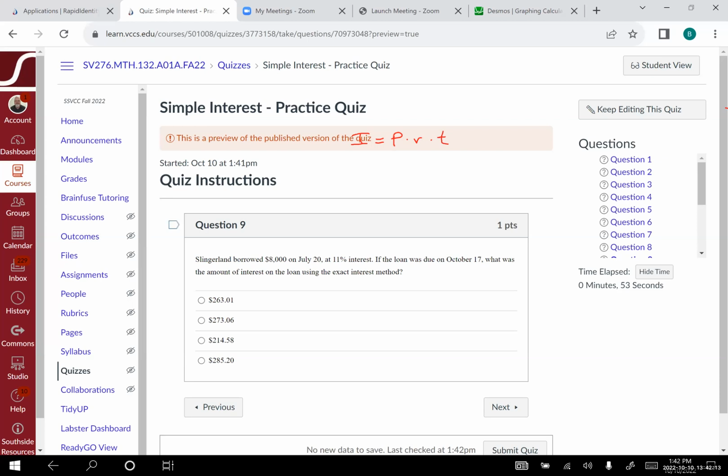It had to do with days. The exact interest, go ahead. No, sorry, I forgot what that is.